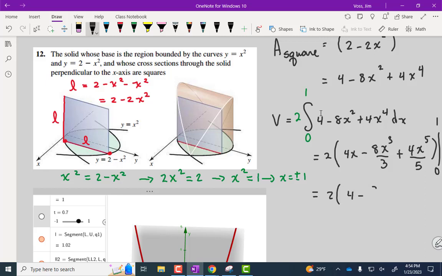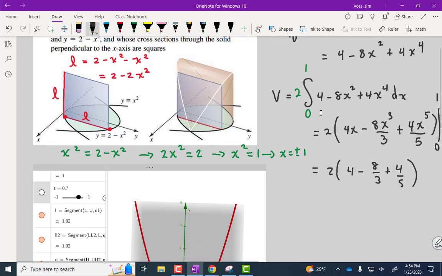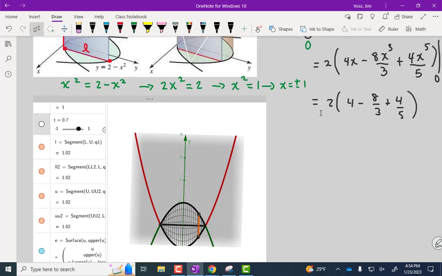Plugging in 1 gives us that. Common denominator of, oh, let's do it all at once. 15, so that's 60, minus 40, plus 12.